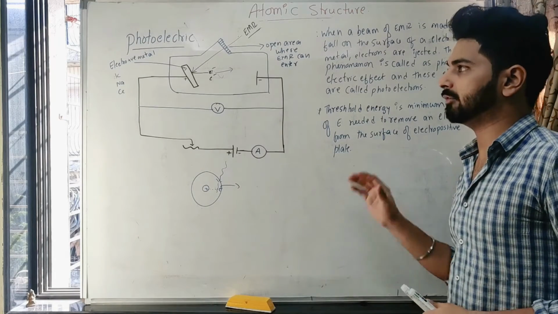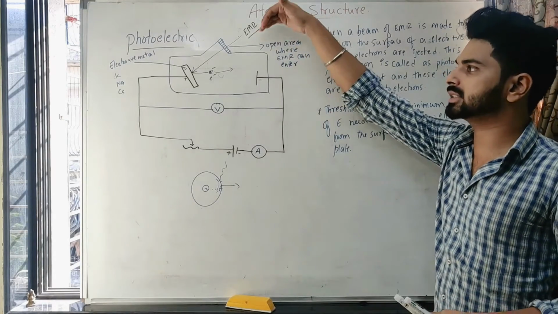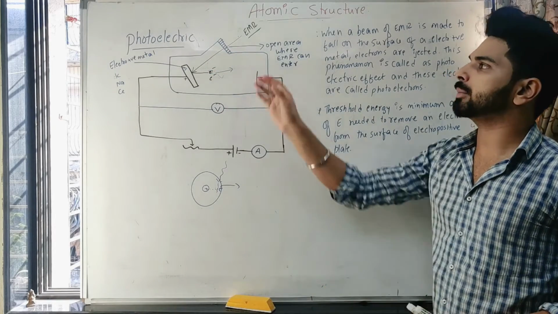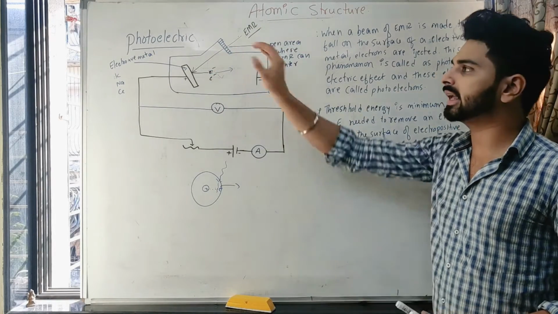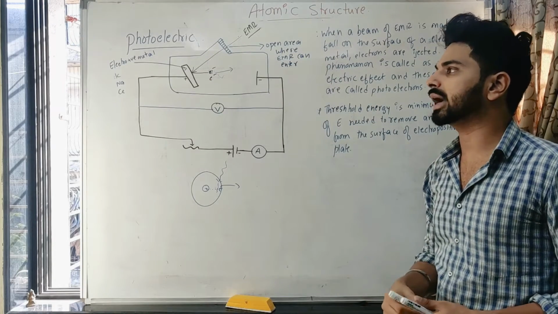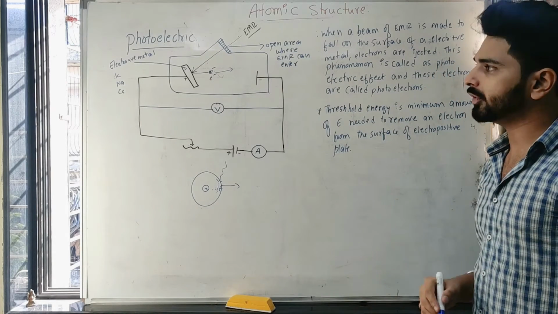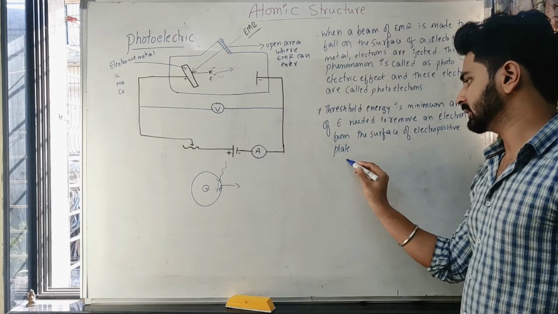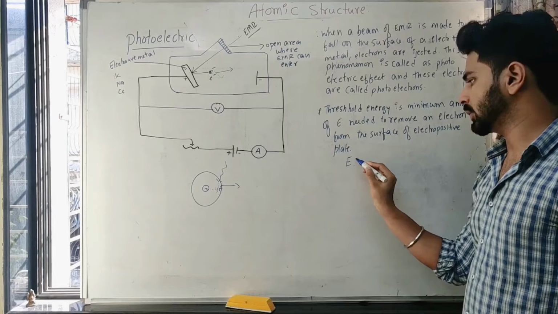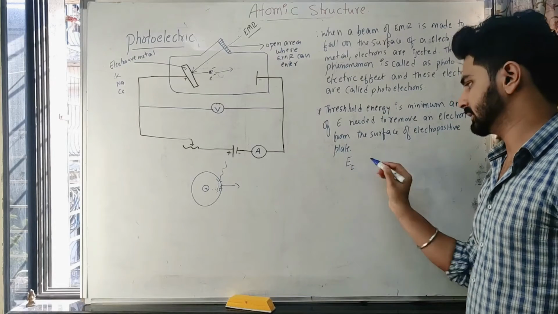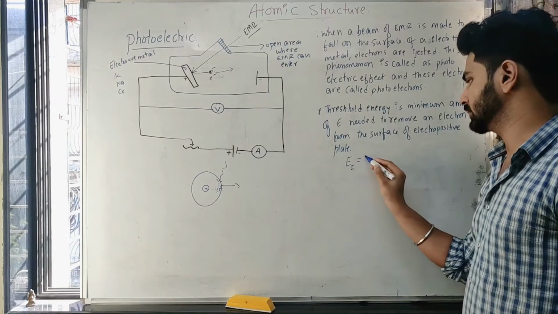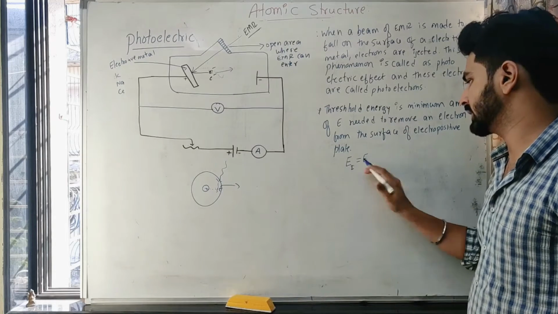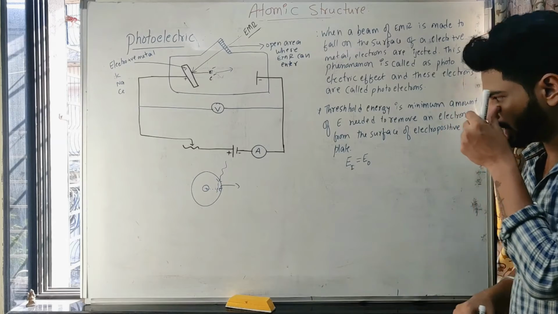Now I've told you that if enough energy is not supplied, then the photoelectric effect won't be observed. If you supply more than what is needed, then that excess energy will be converted into kinetic energy. So if I write the relation according to that, the energy of incident light is equal to the threshold energy, which I keep as E naught.